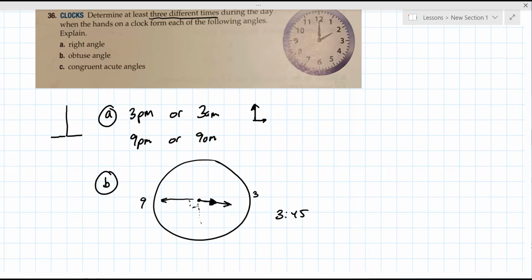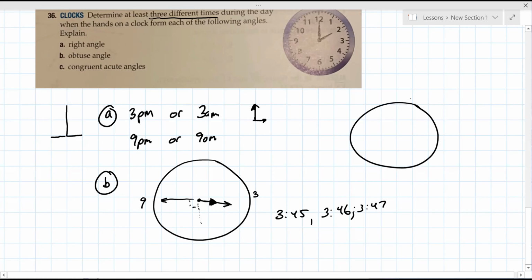You frankly could say 3:45, 3:46, 3:47. But the point is you're spreading them apart in such a way that you see they're not 90 degrees. I think this is a good test question because you do have to know how a clock moves.